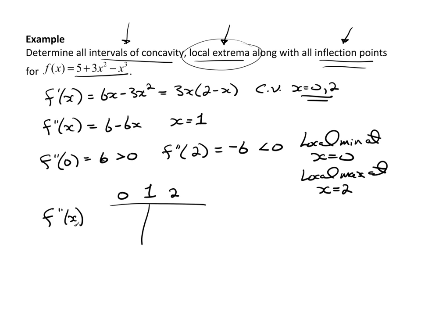Well, I already did the second derivative at 0. It is positive. And I already did the second derivative at 2, and that was negative. So because the second derivative changes signs here at 1, I now know that I have an inflection point at x equals 1.